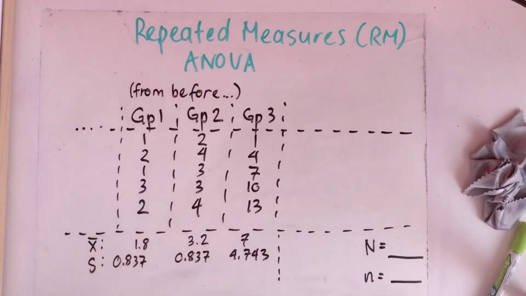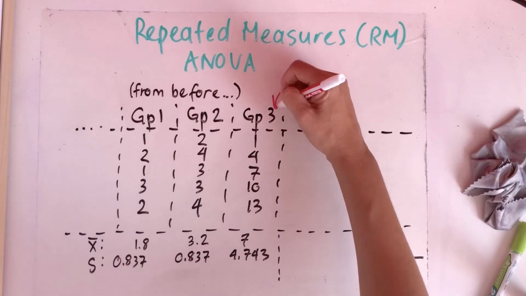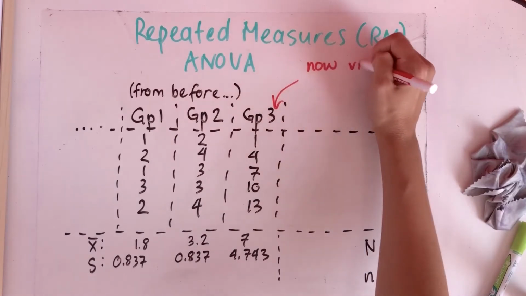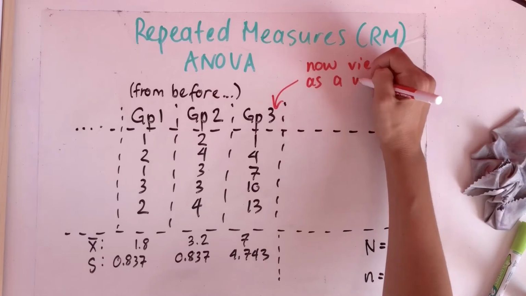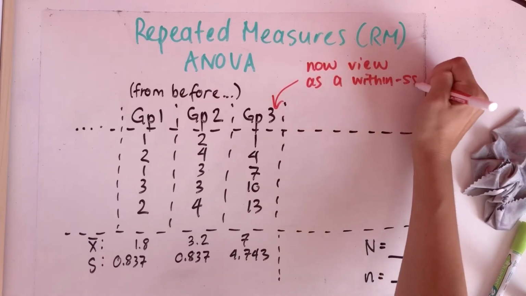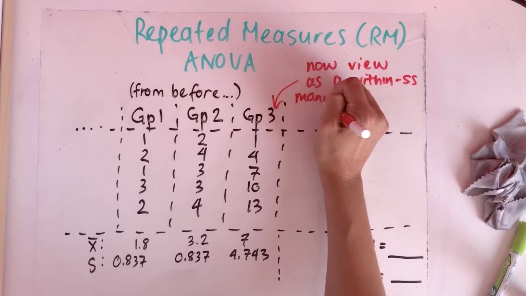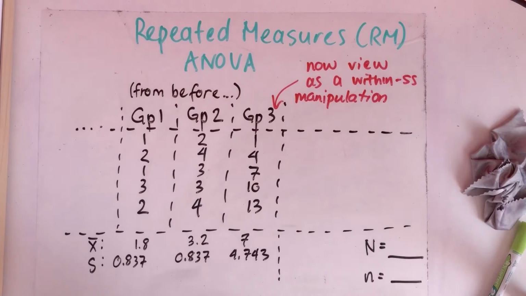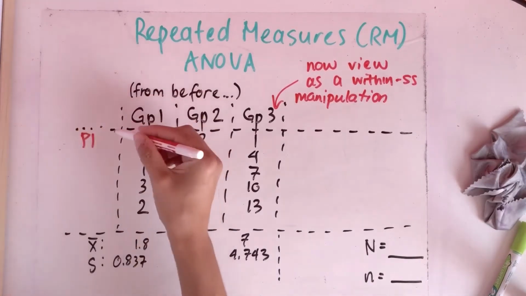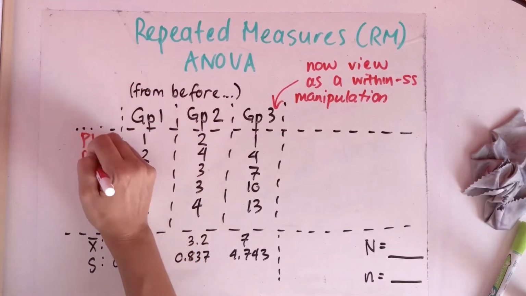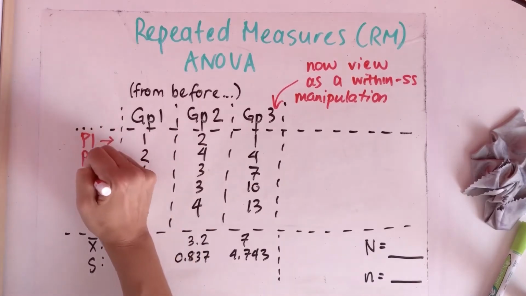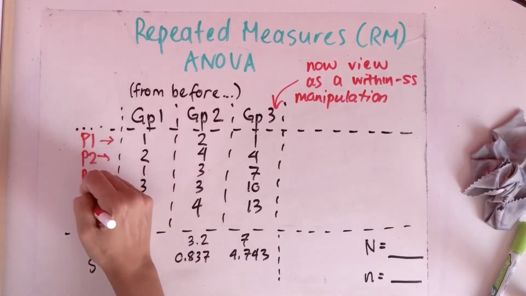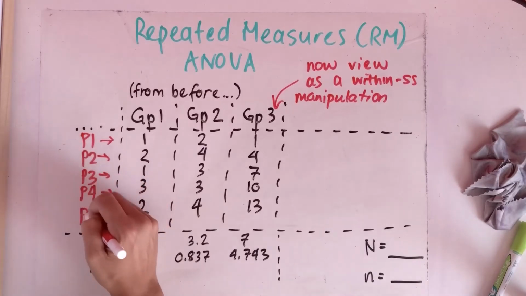What we need to change in the way that we view this data and we view the group manipulation is we need to view this as a within subjects manipulation. So what we want to change now is that we want to see this as participant 1's row, participant 2's row, participant 3's row, P4, and P5.